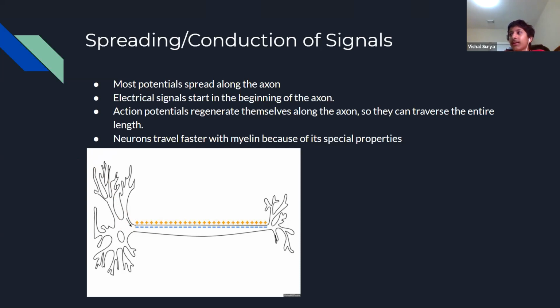This is because, for example, this right here is a neuron at rest. So you can see there's more positive outside and negative inside. What happens is, when the action potential comes, the positive ions come inside the cell, and this leads to the positive ions right here going inside, which then leads to the positive ions here going inside, and here going inside. So then it's just a constantly going down signal.